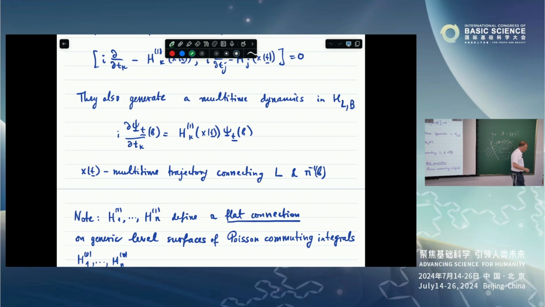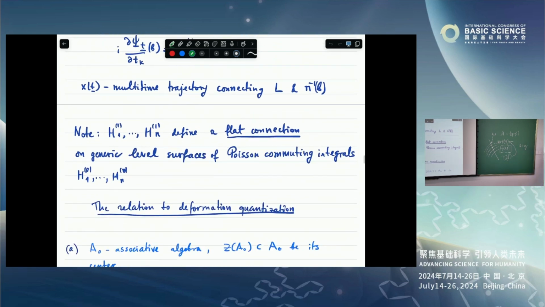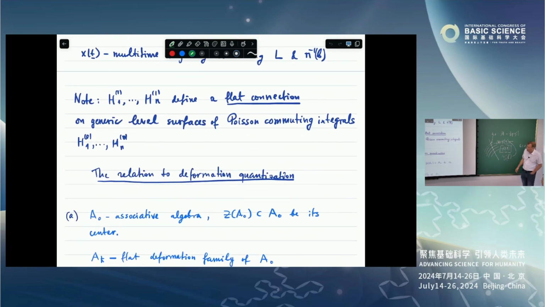Okay. So I said that H1 through Hn define a flat connection on generic level surfaces of Poisson commuting integrals. But we can drop the word generic; then the torus will have dimension less than n, and these operators will still define the flat connection there, but the picture will be slightly different.